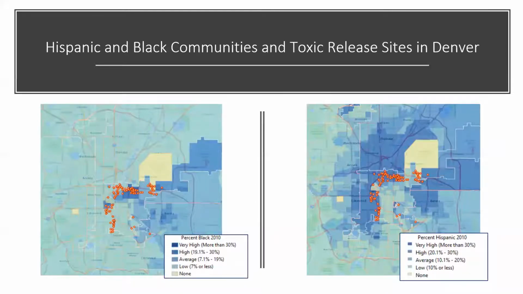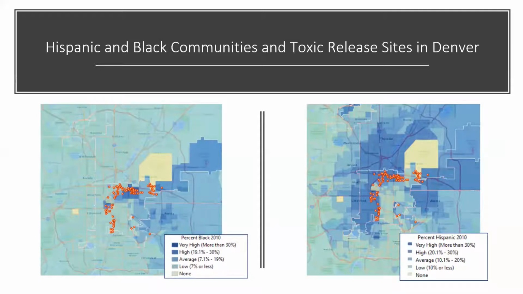And just to give you a bit, again, I really like maps and how they tell that story in a way that is harder to demonstrate in words. So here, we're looking at Denver on these two maps. You can sort of see Arvada and Aurora and some of the parts of Denver on these maps.